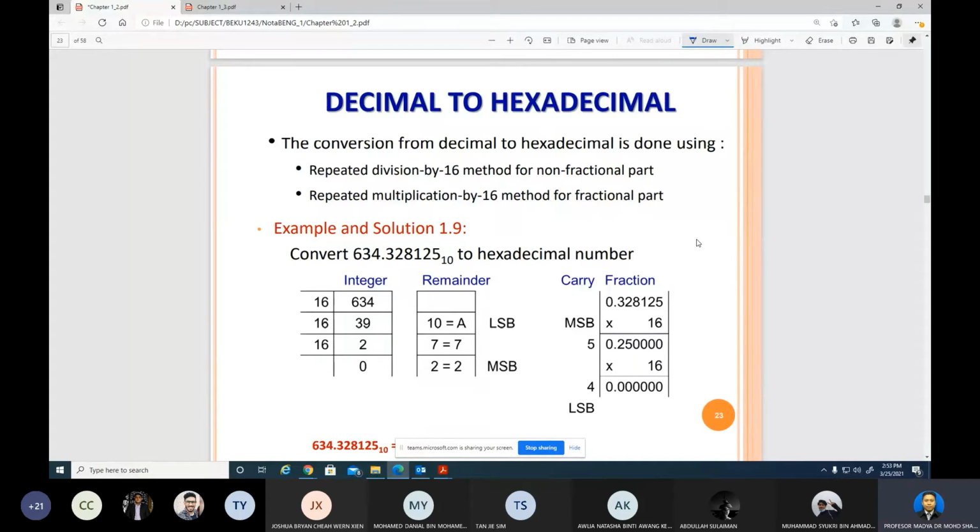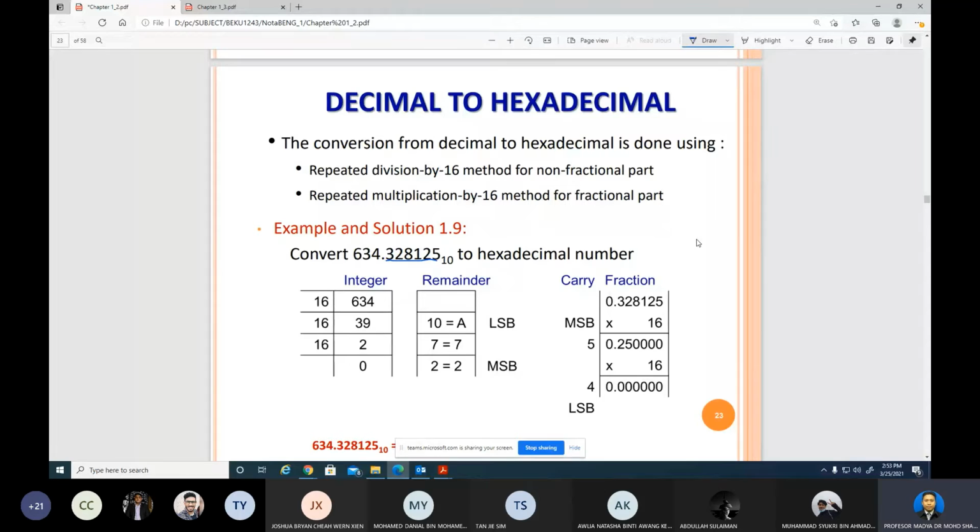For the hexa, we have to multiply by 16. Okay, multiply by 16. For example, our decimal point will be this one. Just bring this value and then multiply by 16. You can get the answer will be 5.25. So you can try using your calculator.